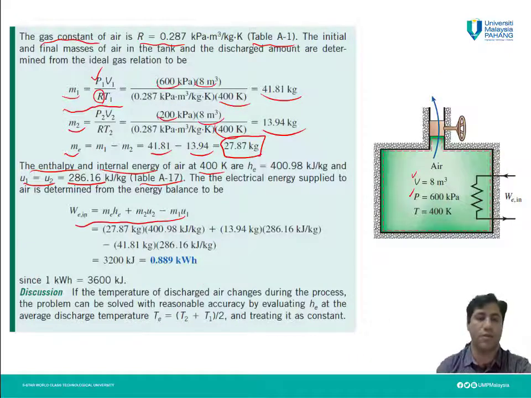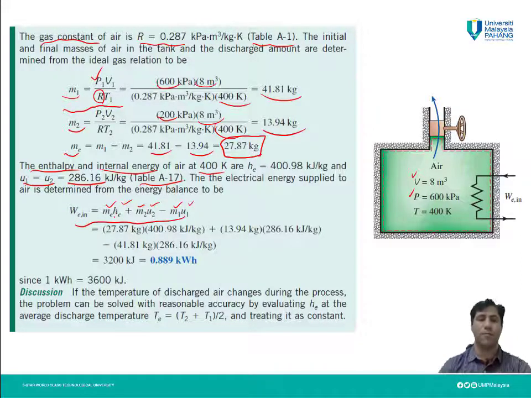We have this equation. WE in, or required electric energy, or work to keep the temperature of the air constant during this process, is equal to MEHE plus M2U2 minus M1U1. And we have the values for all of these properties to calculate WE in.